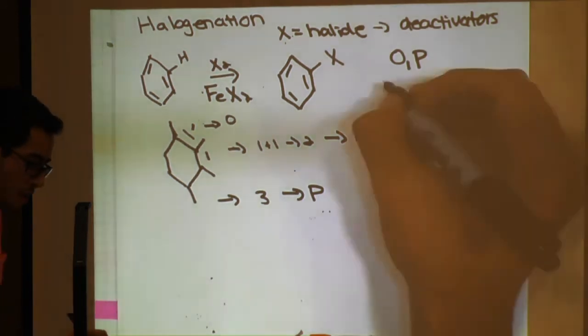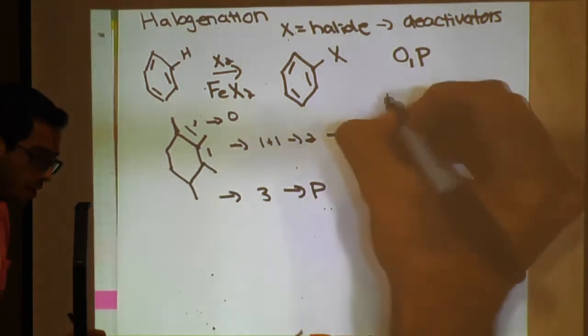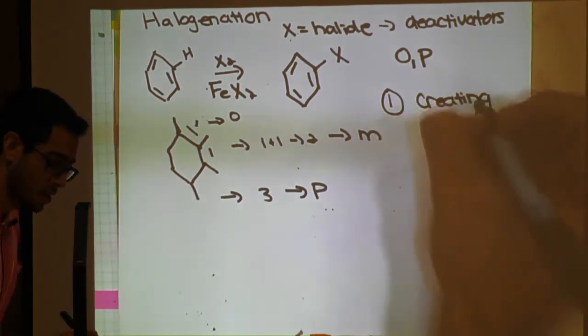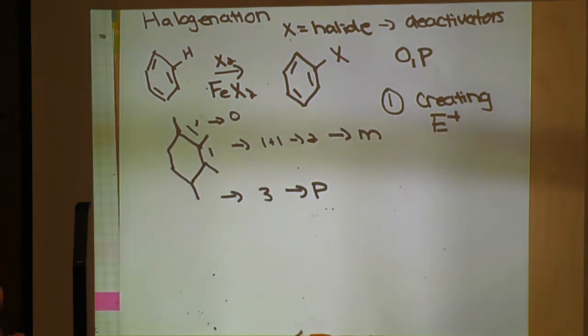And so how these mechanisms work is that step 1 will be creating an electrophile. These electrophiles are what activate the ring and allow the substituent to add on, right?